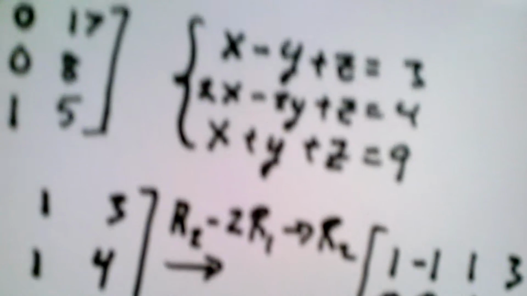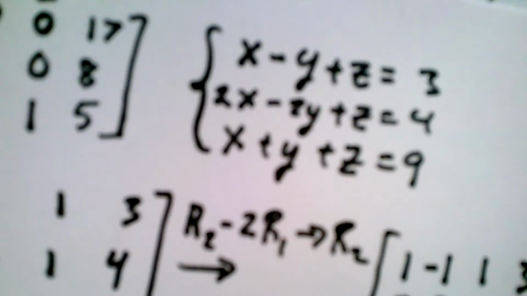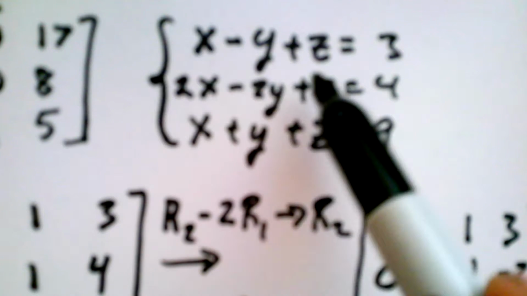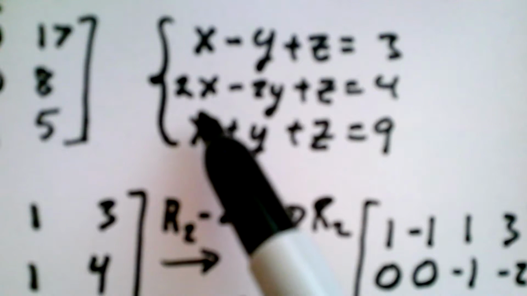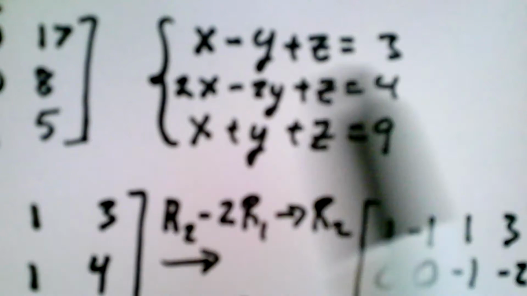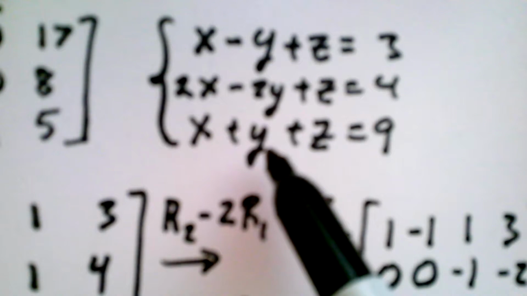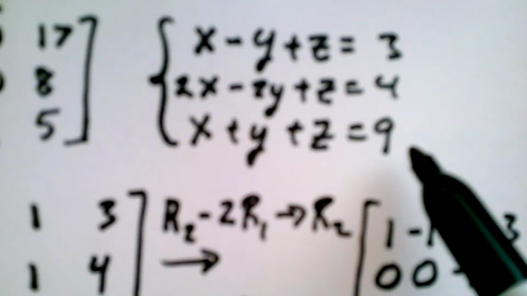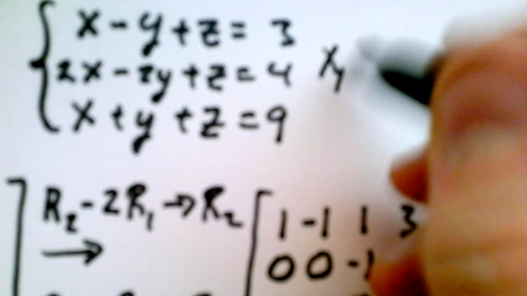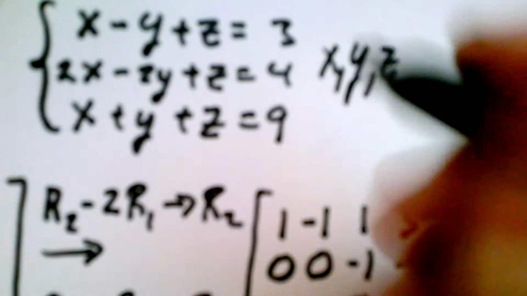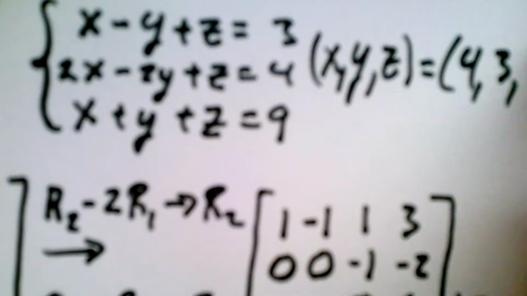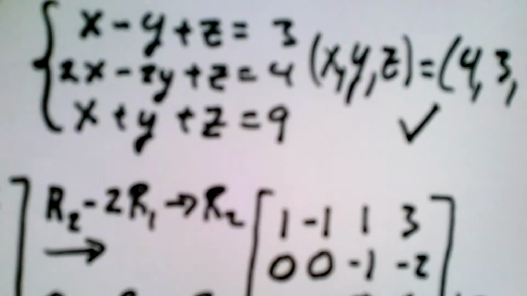If we go up to our original system here, we have 4 minus 3 plus 2 is 3. 8 minus 6 plus 2 is 4. 4 plus 3 plus 2 is 9. So, in fact, our solution x, y, z equals 4, 3, 2 works. Great.